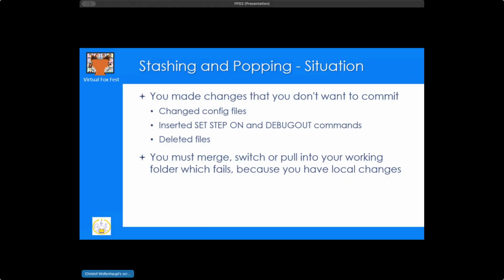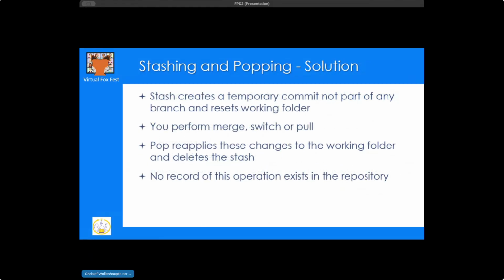You have a state that you want to preserve because that's what you need for testing, but it's not a state that you want to have in the repository. So what you can do is git stash, which creates a temporary commit of everything in your working folder and removes everything from the working folder, resets it to a clean state. Then you can do something like perform a merge and then do a git stash pop, and all the changes are reapplied to your new working folder.